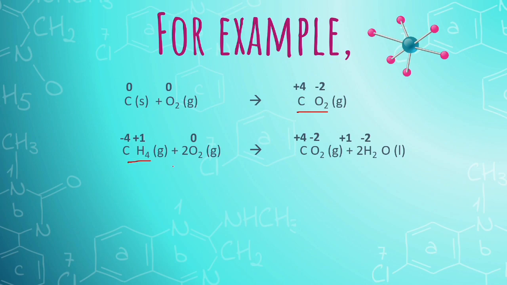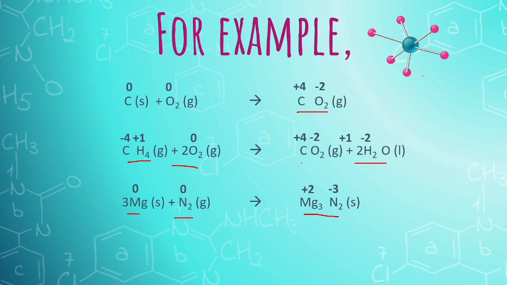Methane and oxygen combine, they form carbon dioxide and water. Similarly, when magnesium and nitrogen combine, they form magnesium nitride. So these three reactions are examples of combination redox reactions.